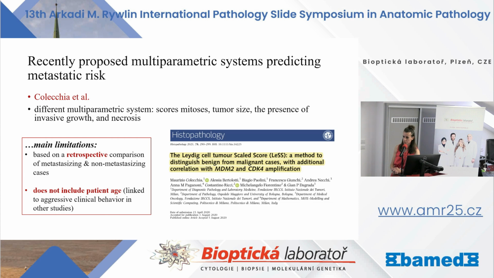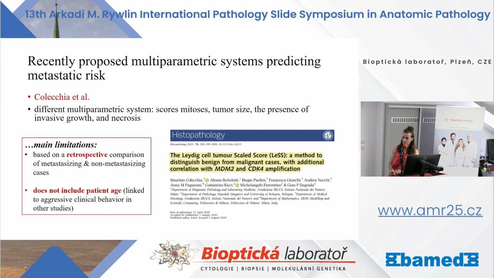They also had a multiparametric system, and they proposed to score mitosis, tumor size, presence of invasive growth and necrosis, and they suggested to put 0 to 2 points or 1 point per every present adverse histopathological or clinical factor, and then from the complete score you can assess the potential biological behavior.